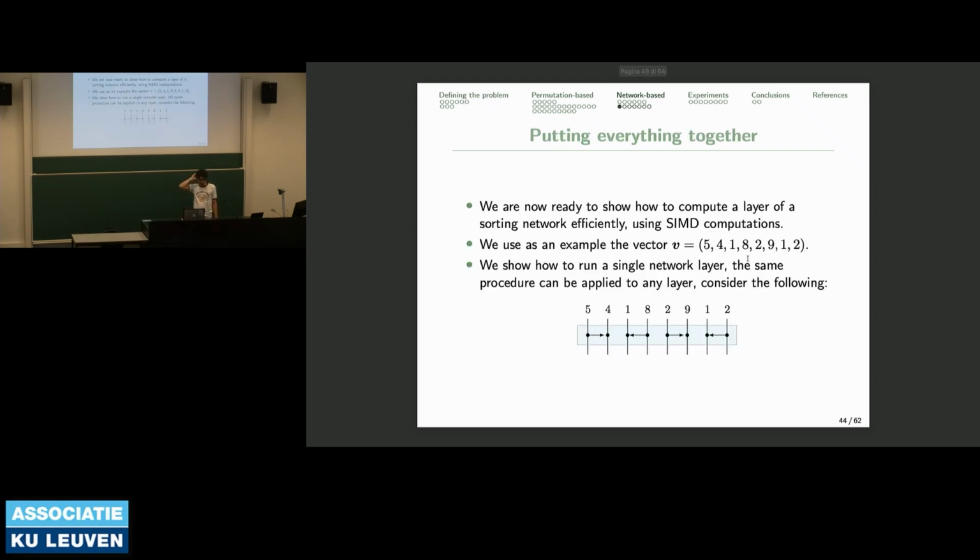So I'll go now through a quick example, again, for the sorting networks. Assume we want to evaluate this layer. We can do it in a single step, let's say with SIMD computations. I highlight that we don't really need to repeat these values in our ciphertext, so we only need n slots this time.